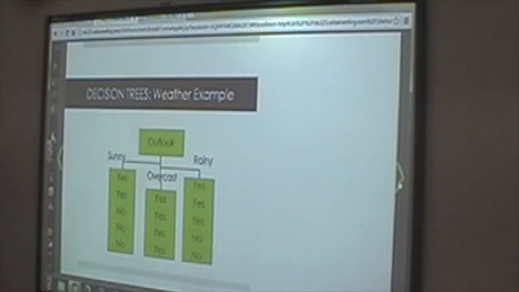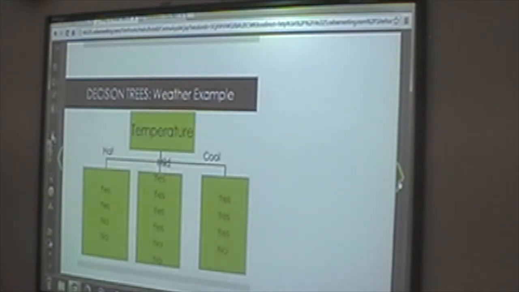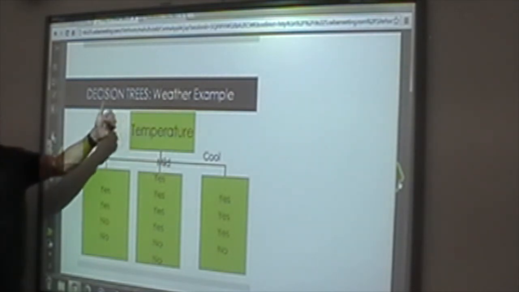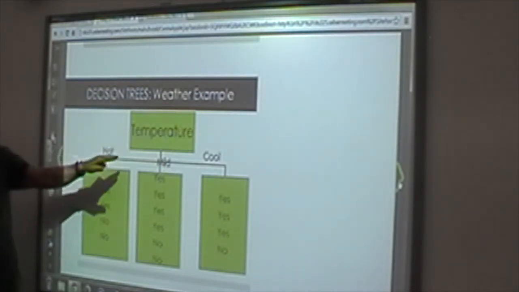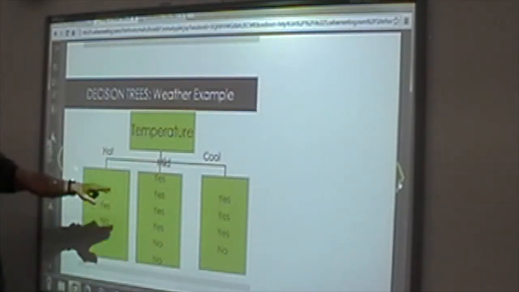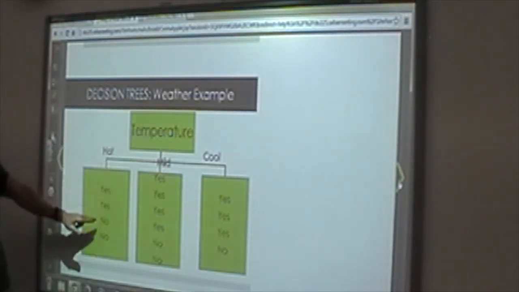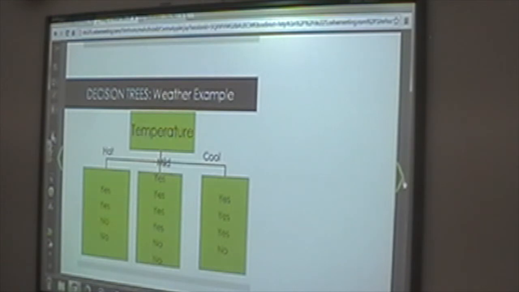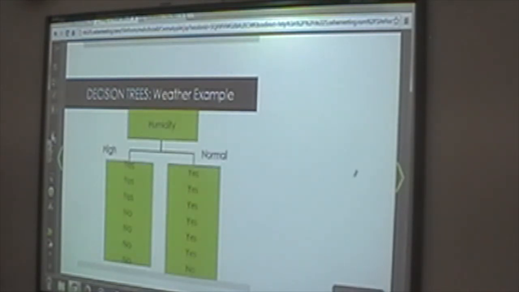Another possible first step in our tree would be to start with temperature. Here we have hot, mild, and cool. And again, we have how each of those instances got classified. So there are actually 4 possible root nodes.